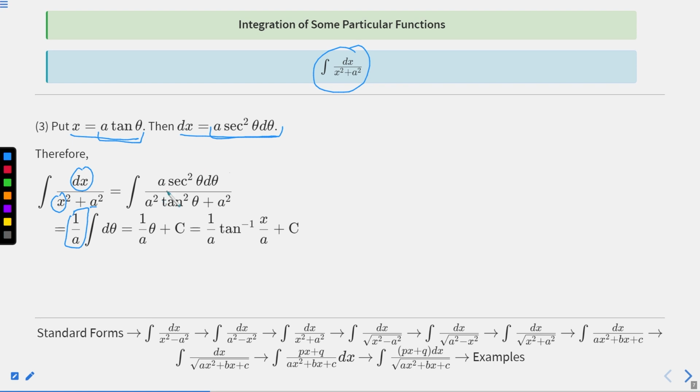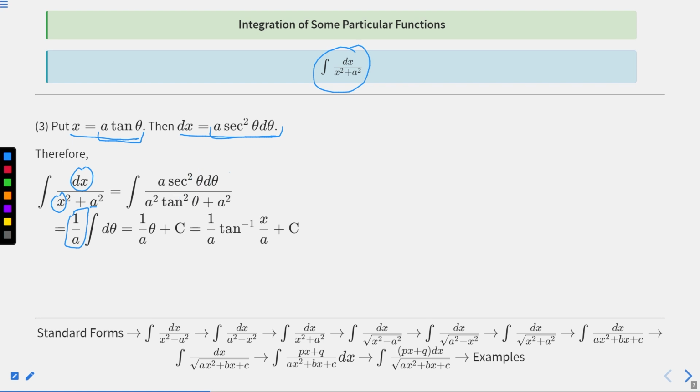Let's see. You have in the numerator sec square theta, in the denominator after taking a square common you have 1 plus tan square theta, and you know very well that 1 plus tan square theta is nothing but sec square theta. Yes, just sec square theta.